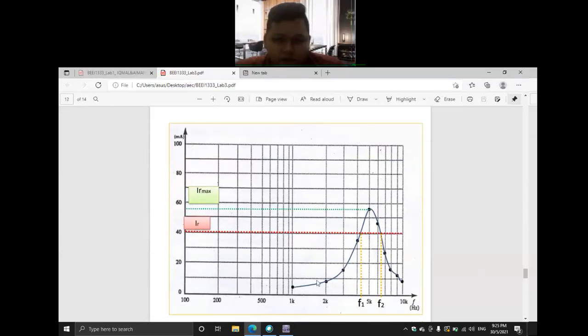Alright, here we have the value at 1 kilohertz frequency, where we get current is 4.265 milliampere. After that, we plot all the values and connect the graph and get this shape.